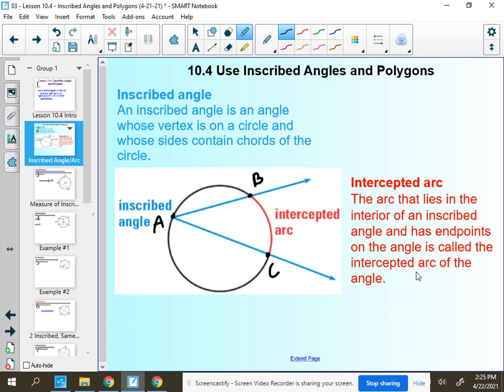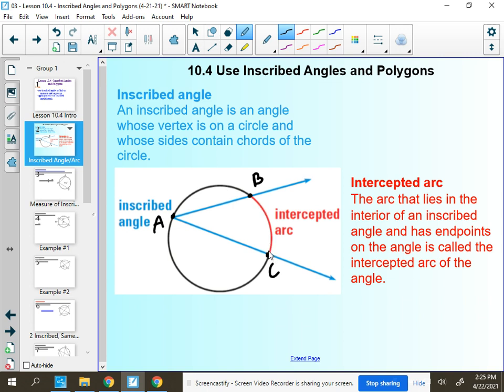So when we see an inscribed angle, the arc formed on the interior of the angle is the intercepted arc.